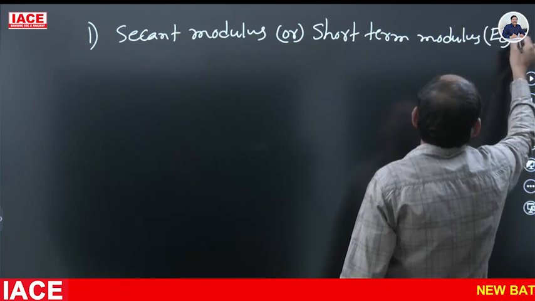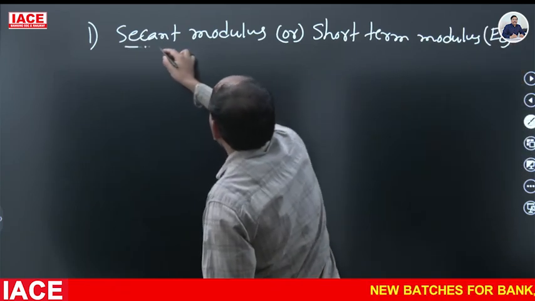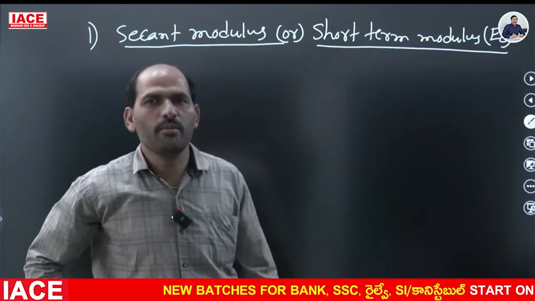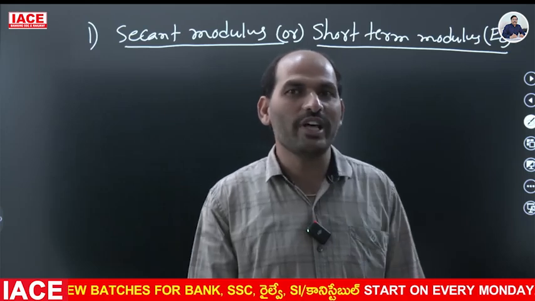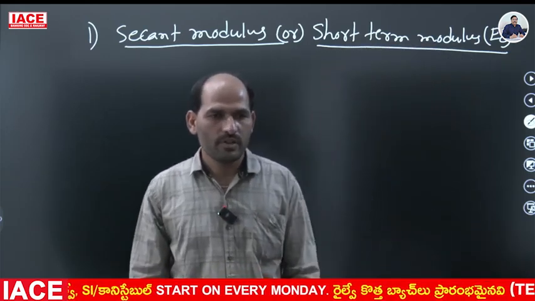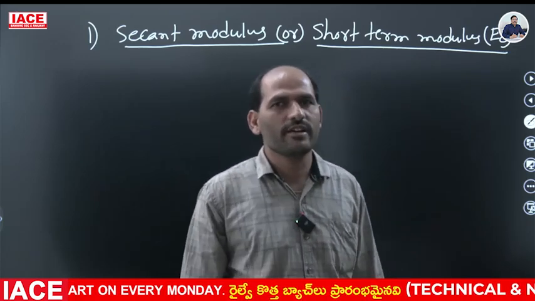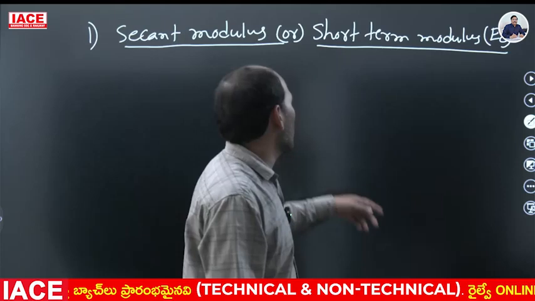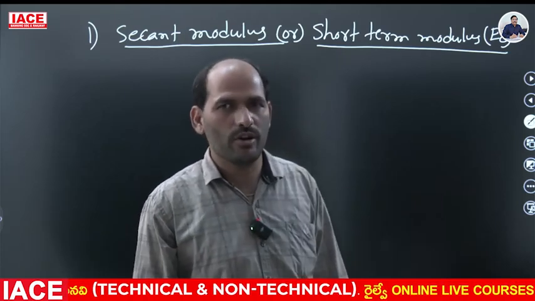This secant modulus develops due to short term loads. Short term load means live load is a short term load, so due to the various live loads, this short term modulus or secant modulus develops.